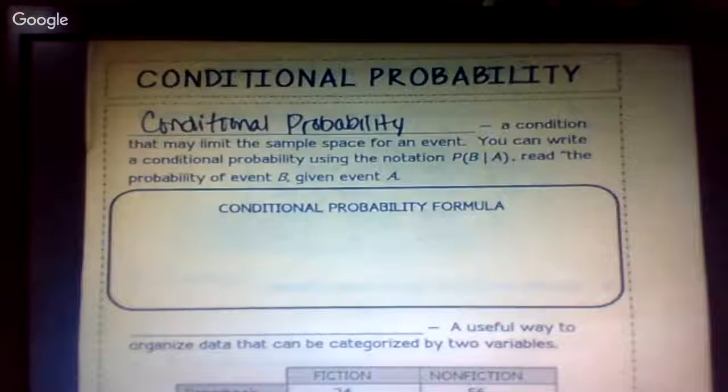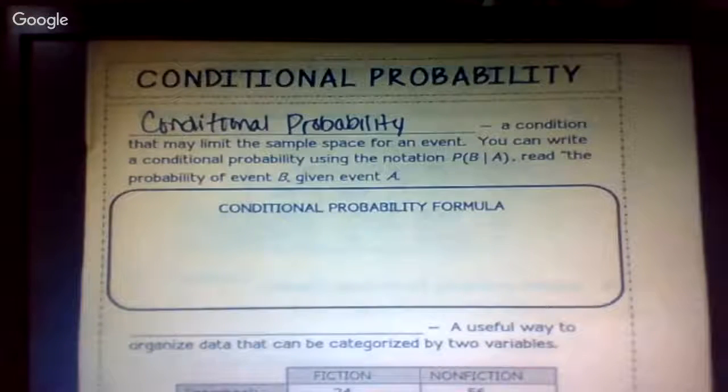You had one condition that happened first. So let's go back to that dice example. The first condition was that it was even. So normally you have a sample space of 6, right? The numbers 1 through 6 on a die. When I give you that first condition, that limits your sample space to 3 numbers, 2, 4, and 6. So that's what makes it conditional.